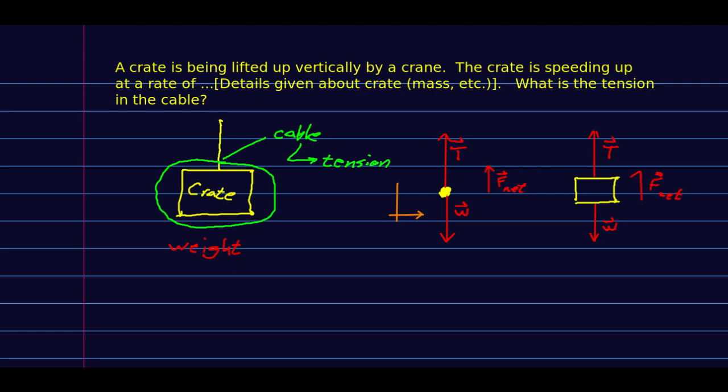But some people like to put it right on the diagram because they find it helps them figure out how to take components of things later on. So that's your own preference, whether you add it on top of your diagram or beside it, right? So I've just added it beside. If you put it on your diagram, it would look like that. Okay, but I'm going to put mine out here.